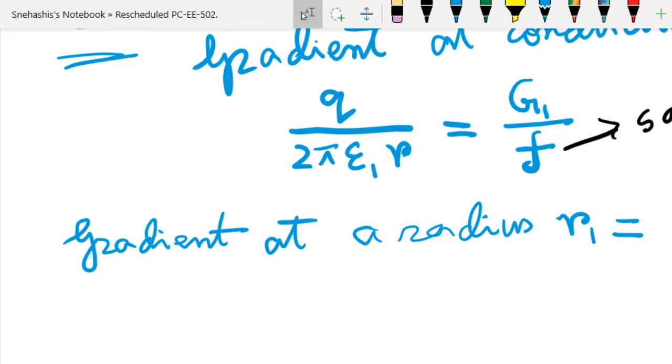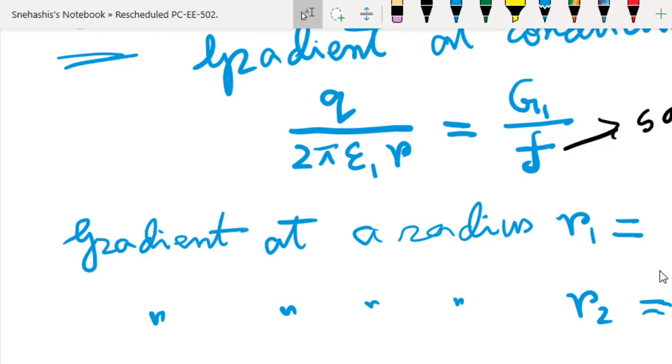Factor of safety is the same for all materials, so it is g2 by f. Similarly, the gradient at a radius r2 will be q by 2 pi epsilon 3 r2, and it will be g3 by f.